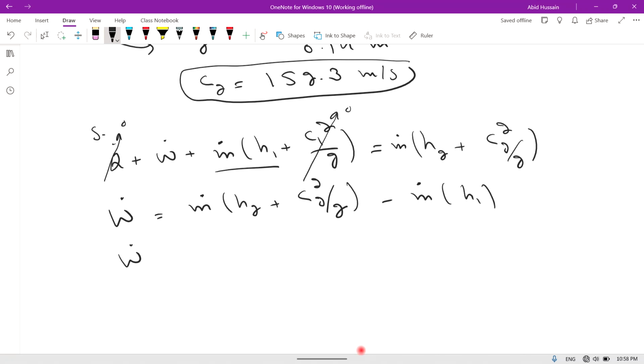So m dot is common in both. So W dot is equal to m dot times (H2 minus H1 plus C2 square divided by 2).